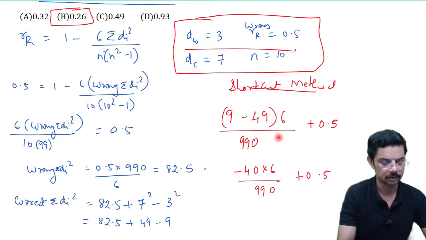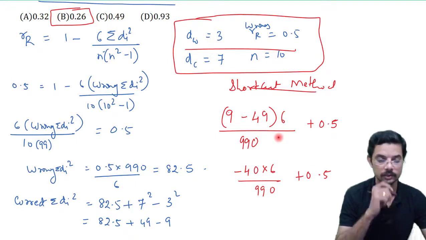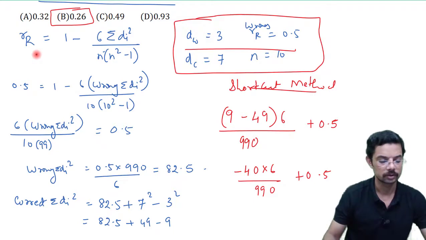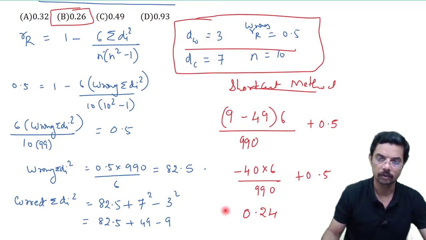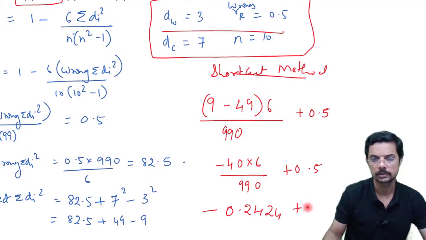So it is 40 into 6 divided by 990. Okay, so it is 0.24, minus 0.24 and so on, plus 0.5.